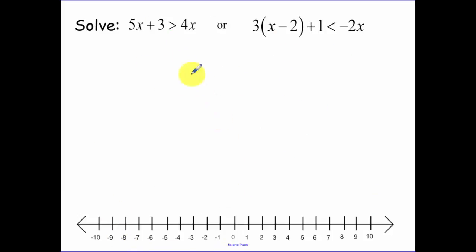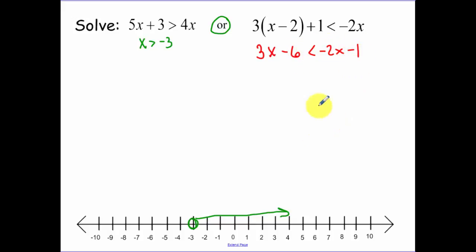Next example, solving our or. I'm going to subtract the 4x over to get an x. I'm going to subtract the 3 over to the other side. Remember, this is an or. So I am greater than negative 3. Now solve this inequality. I'm going to subtract the 1 over and distribute the 3 at the same time. I'm going to add the 2x over.